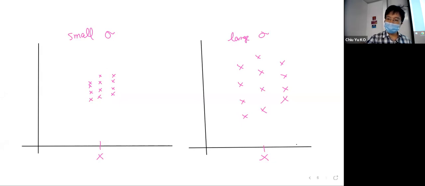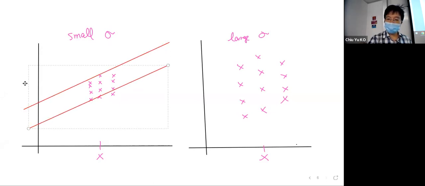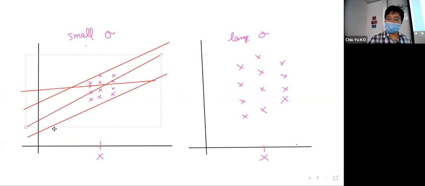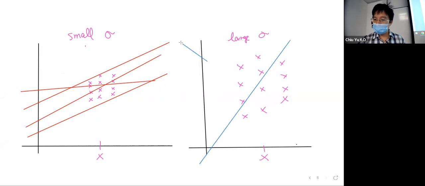If you try to draw the line, the slope is going to be like this, and sometimes it can look like this. So there is some variation. But you look at this one, the line can be this, can be this, depending on what you see.